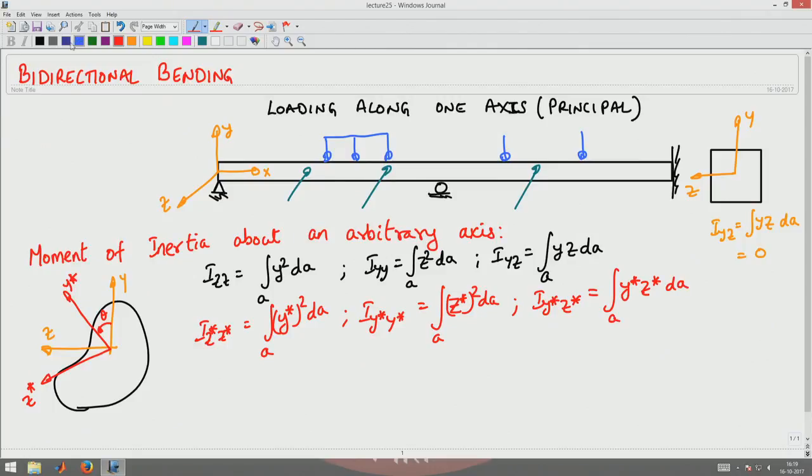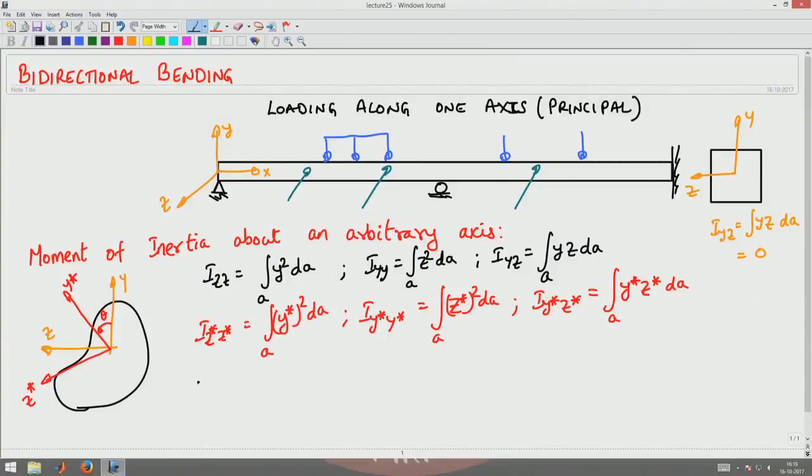Now, what is the mapping that will take us from y to y star or y star to y and z? y star can be written as y cos theta plus z sin theta, just like taking the component of forces, and z star would be minus y sin theta plus z cos theta.